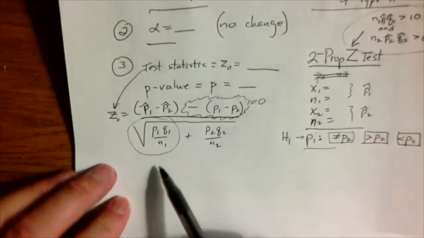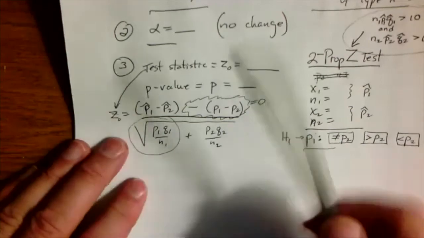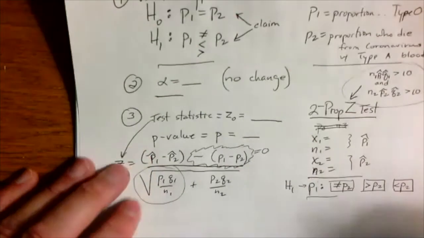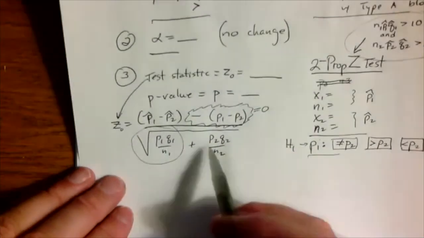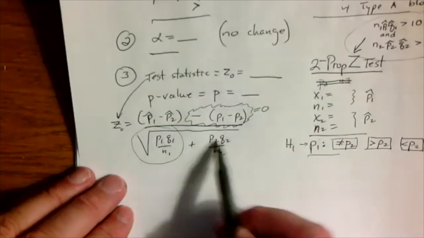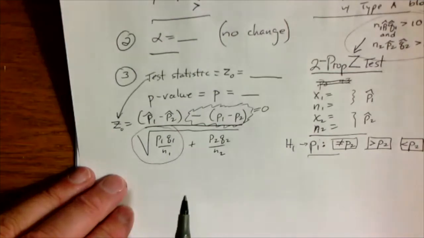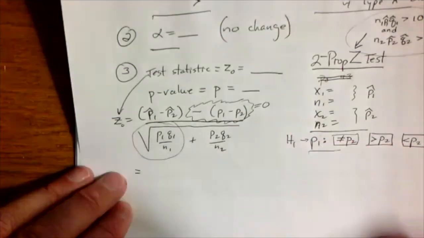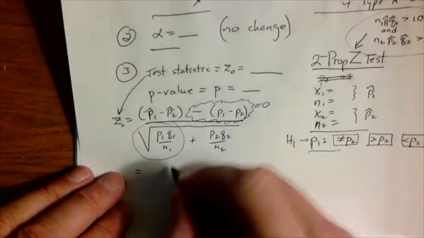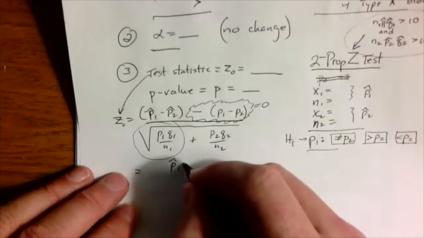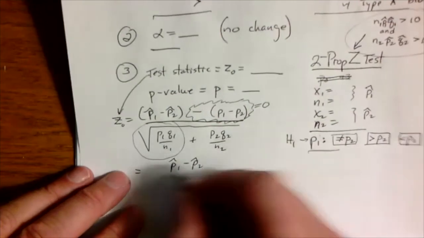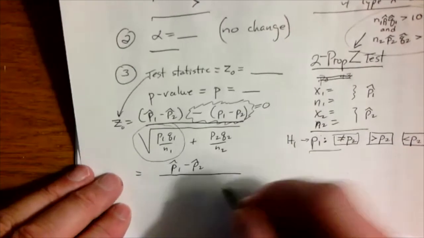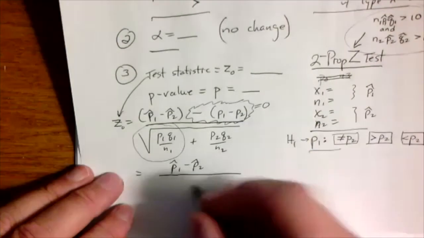All right, if we assume that p1 and p2 are the same, then you can see that these two fractions here are exactly the same. So another version of it that you might see is the top, p1 hat minus p2 hat, and then divided by, well, I'll just leave it that way.